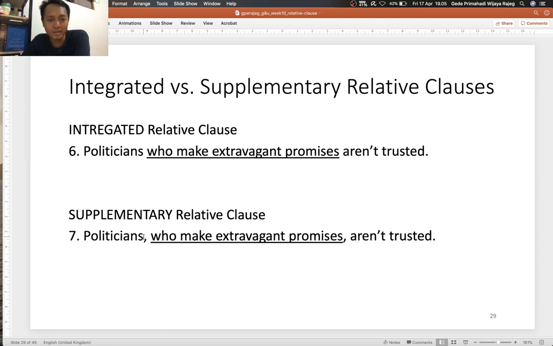But in example 6, there is no comma separating the relative clause and the other elements in the main clause.